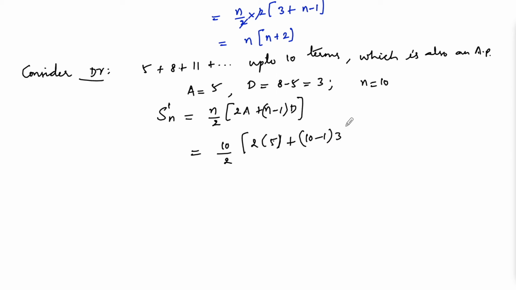So upon simplifying, 5 times 2 times 5 is 10 plus 10 minus 1 is 9, 9 threes are 27. So we have 5 times 37, that is 150 plus 35, 185 is the sum of the denominator.